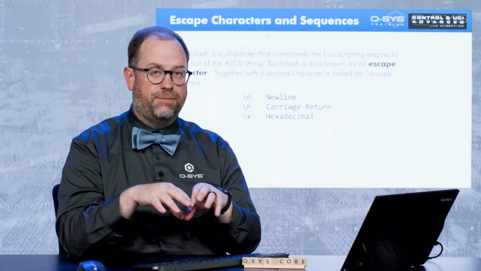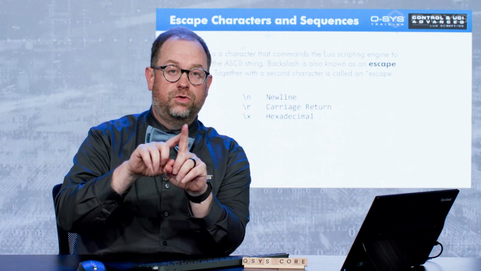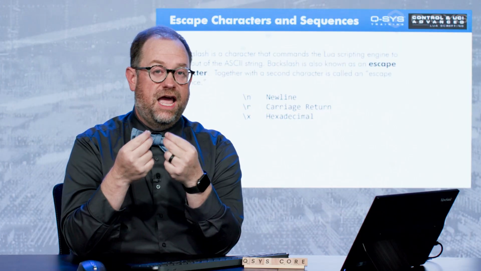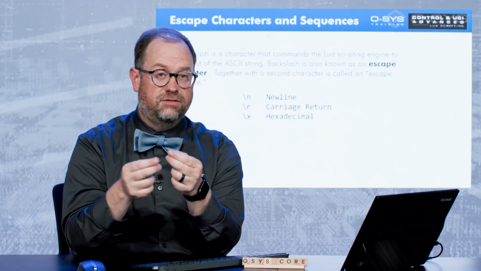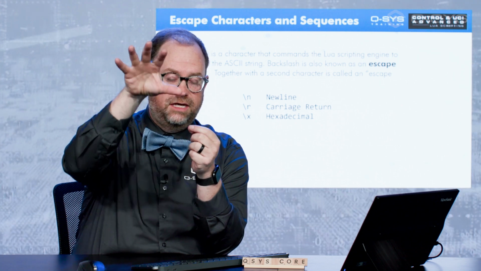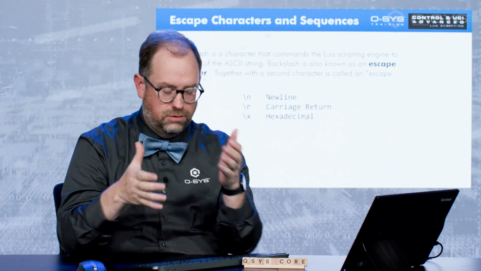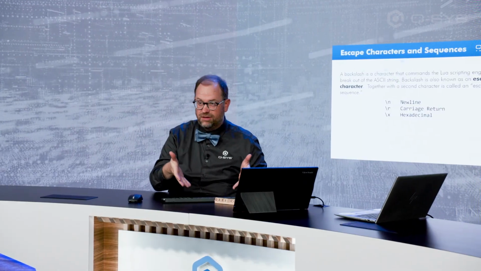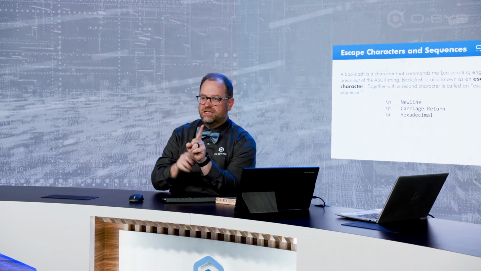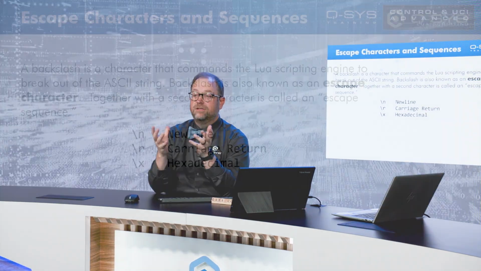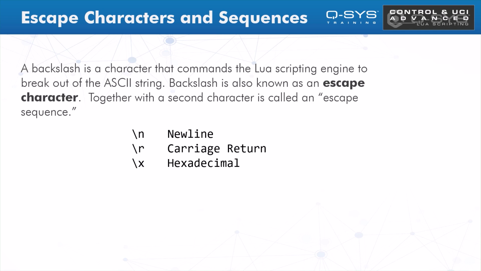But I want the Scrabble tile that corresponds to, and that's where you wind up pairing it up with a second character typically. So if I want the Scrabble tile that corresponds to hexadecimal 0D, if you take hexadecimal 0D and you turn it into binary, that's the Scrabble tile I want. Well, where is that on my keyboard? Oh, it's not really straightforward. Saying \r enables Lua to know, oh, that's the particular Scrabble tile you're looking for.